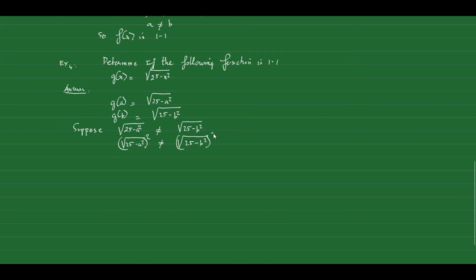When we square them, that gives 25 minus A squared different from 25 minus B squared. So cancel this, and you have negative A squared different from negative B squared. So A squared different from B squared, then A different from B. So I just showed that given G of A different from G of B, we get A different from B. So G of X is a 1-to-1 function.